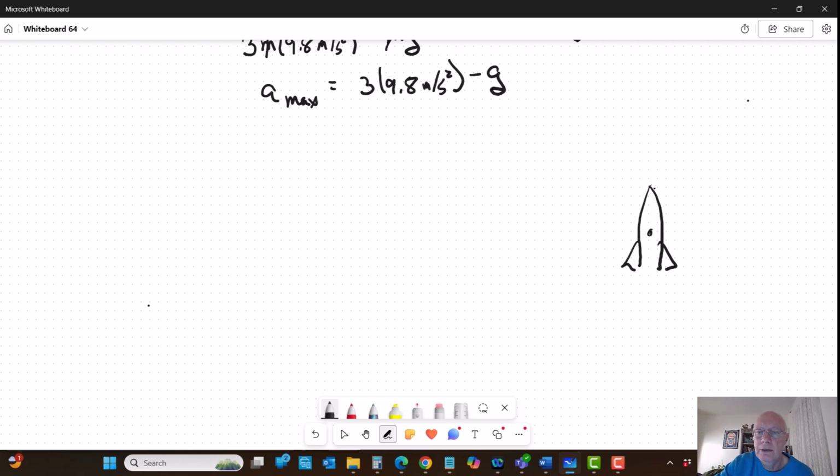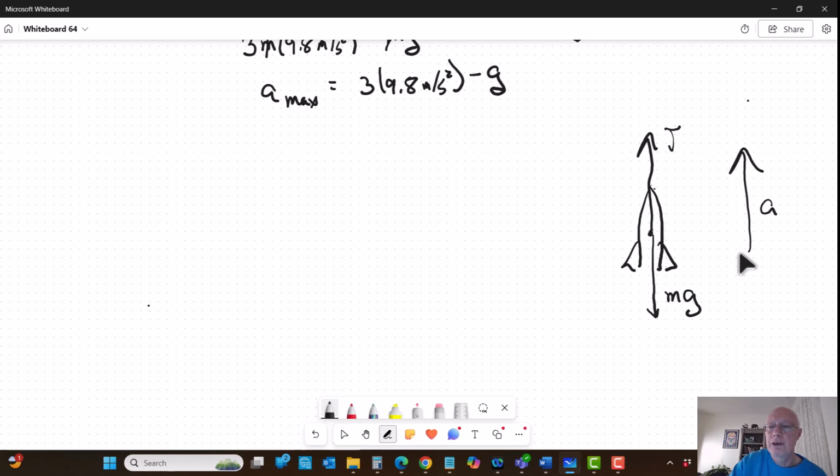And the forces acting on the rocket are the thrust. That's what we want to find. And the force of gravity, mg. That's the g due to the planet's gravity. Okay, remember, it's not 9.8. This is the acceleration that you found in problem 1. And the rocket accelerates upwards with acceleration equal to a max, which we found.